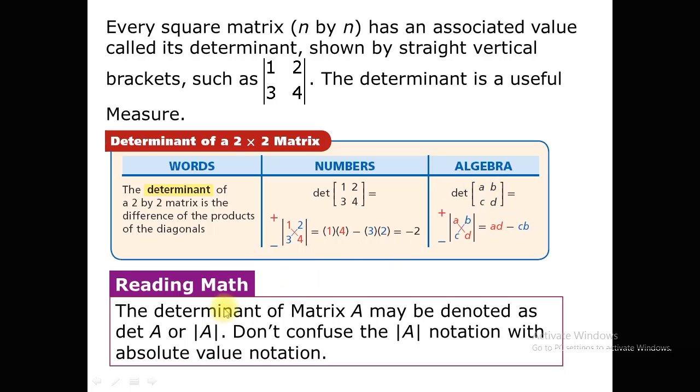But dear students, the determinant of matrix A may be denoted as det A or using this symbol, and don't confuse this notation with the absolute value notation. This is not the absolute value notation. This notation represents the determinant of the matrix.